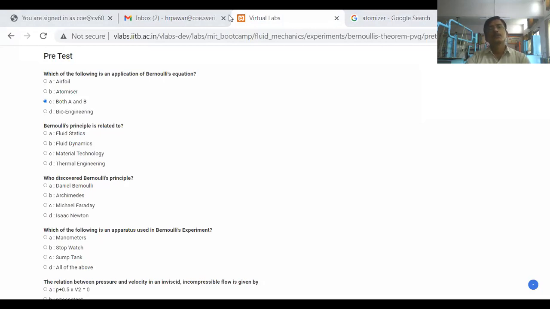See here, we apply Bernoulli's theorem when the fluid is in motion. Fluid static means the fluid is at rest, so how can the fluid static option be correct? Snell has given option B. Correct. Material technology and thermal engineering are not part of fluid mechanics. Option B is the correct option for this question.